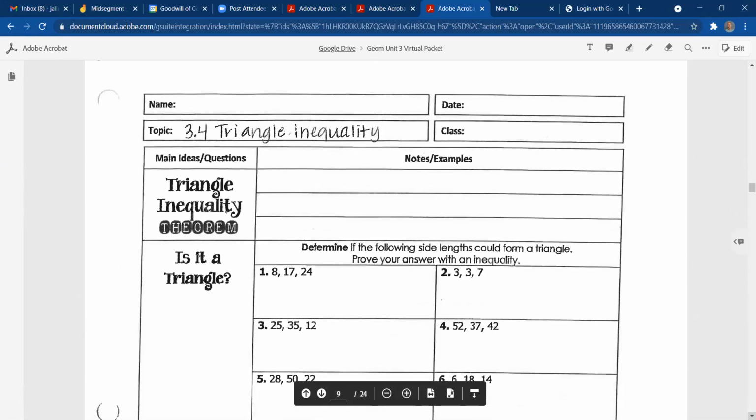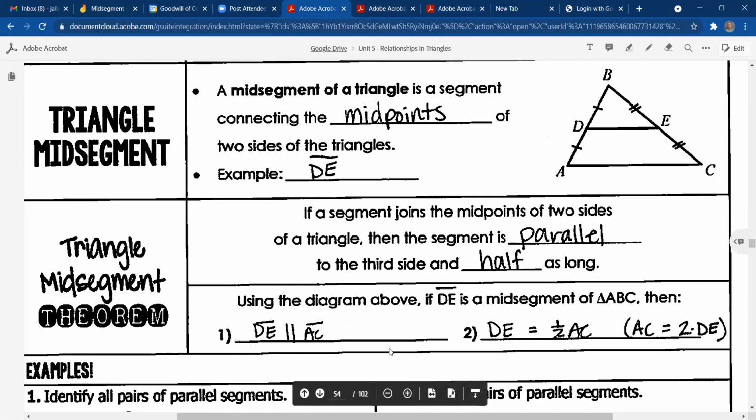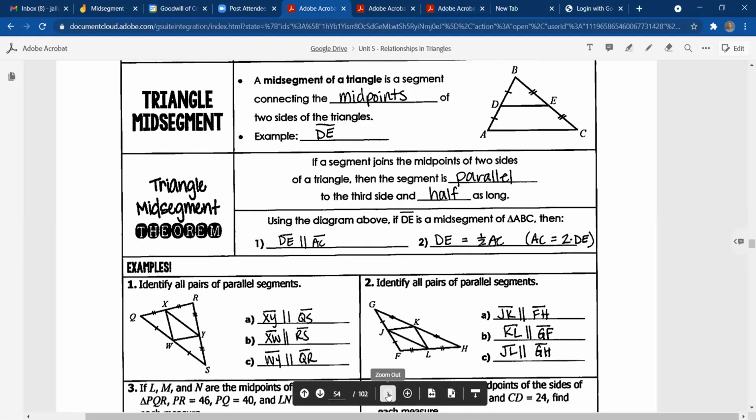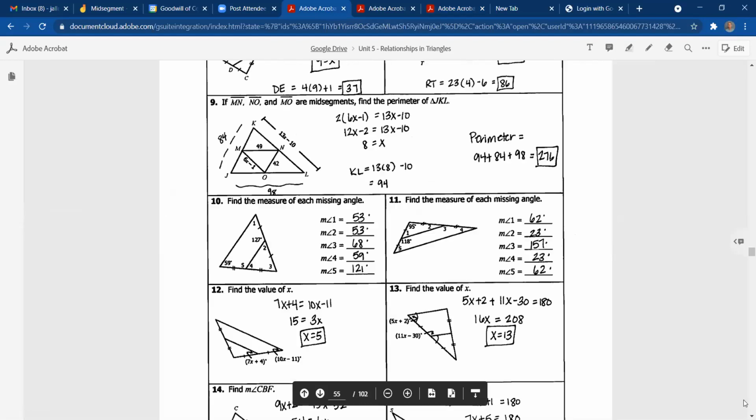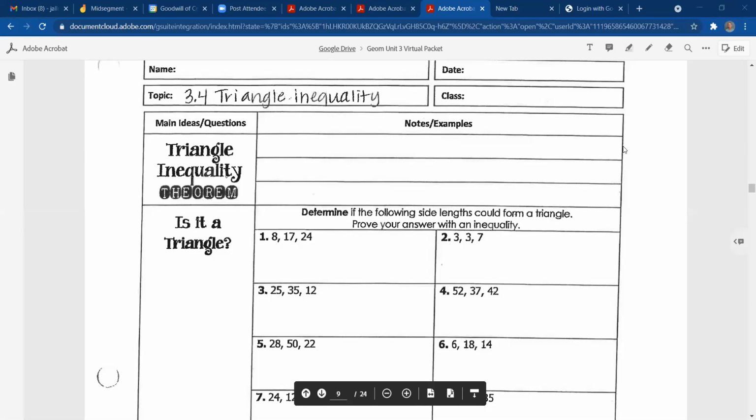All right, now here's another theorem. Triangle inequality theorem. Seems kind of odd to be talking about inequalities, but it's one of these calculations that we can use. The triangle inequality theorem allows us to figure out if something is even a triangle just by looking at the length of the sides.